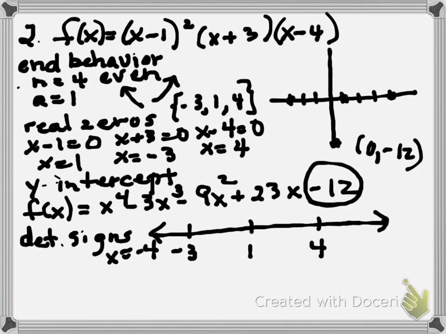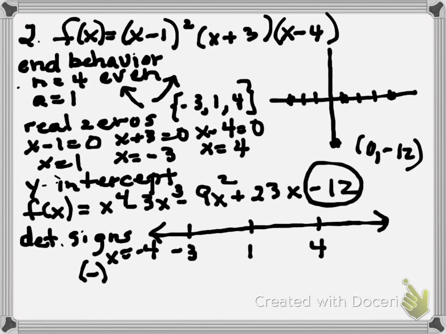Let's go back up to the original. If I put -4 and -1 in here, I get a negative. Then if I put -4 in here, -4 plus 3 is negative, and here -4 and -4 is negative.